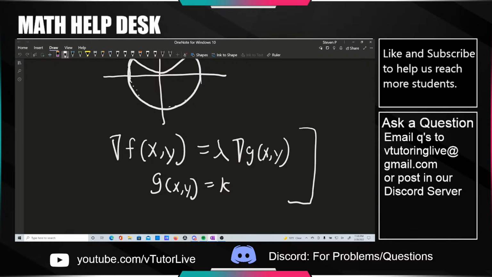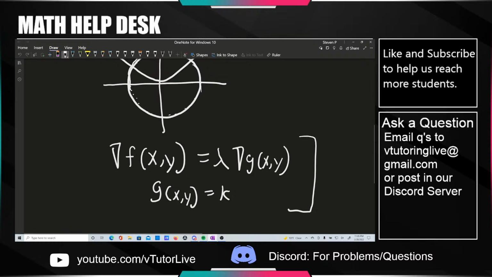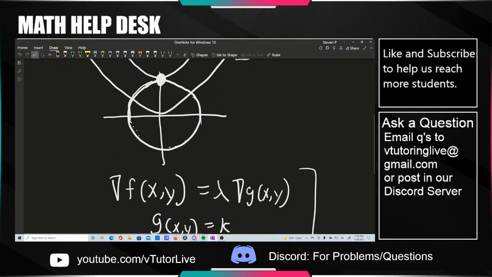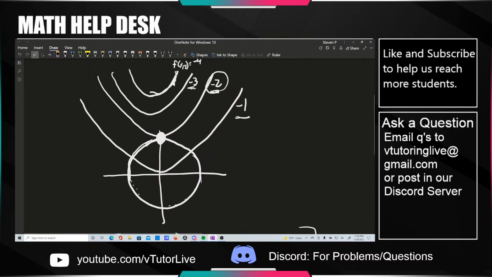Okay. So the real thing to discuss is just what this is saying, where gradient of f is equal to lambda times gradient of g. This is what it all comes down to, right? The way to think about this is, let's choose some other point of intersection, like right here.